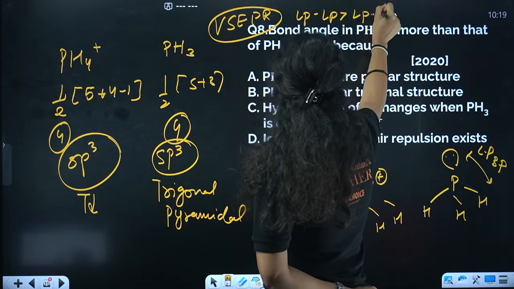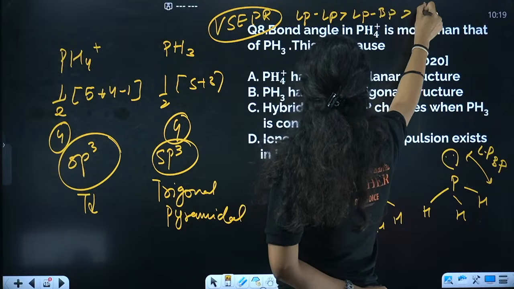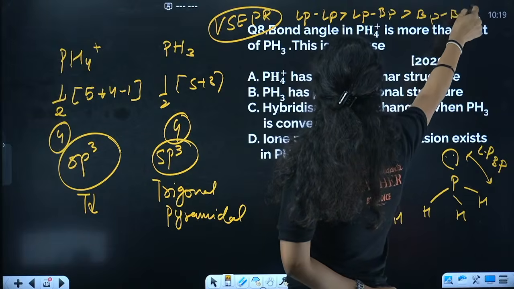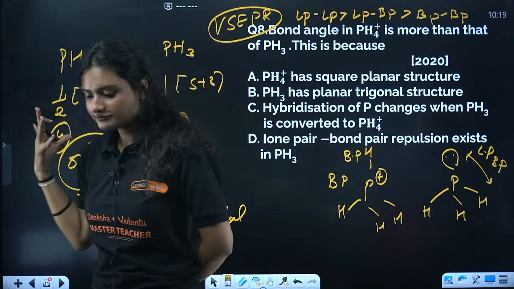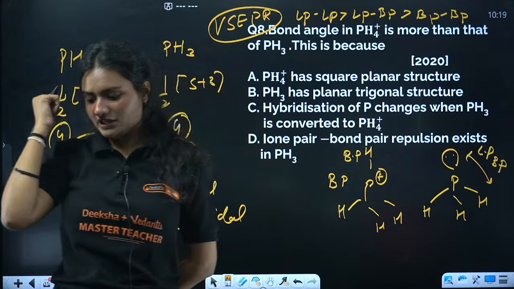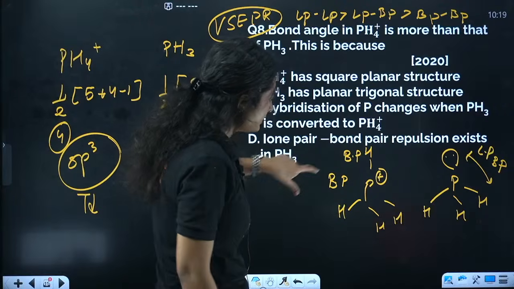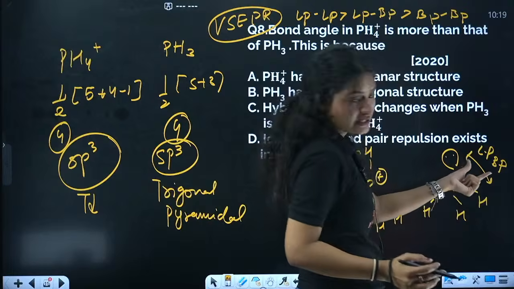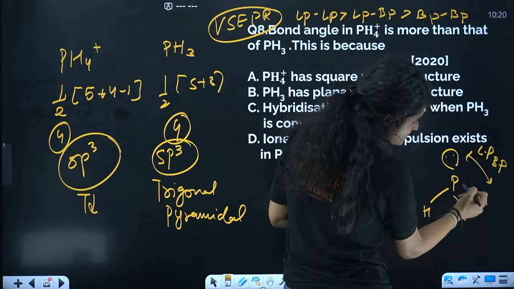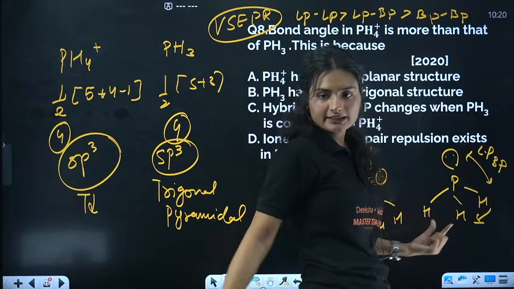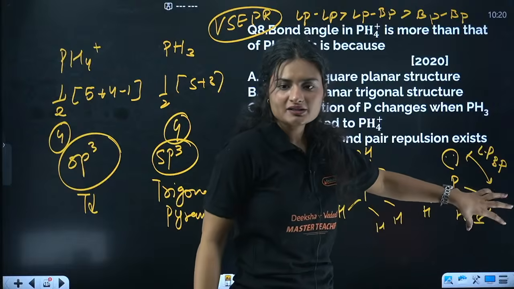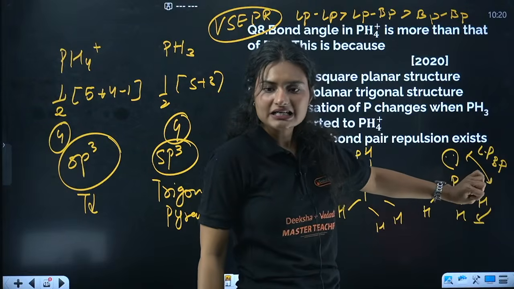Then lone pair, bond pair repulsion, and the weakest is bond pair, bond pair repulsion. Now if there is repulsion between lone pair and bond pair, this PH bond will go closer and this bond angle will decrease.